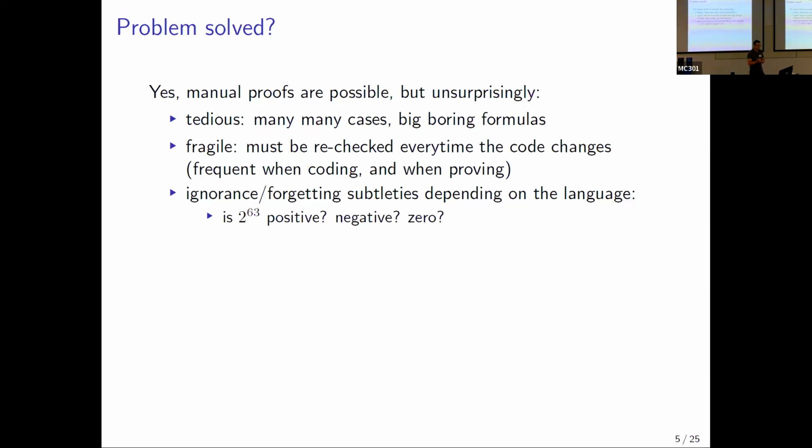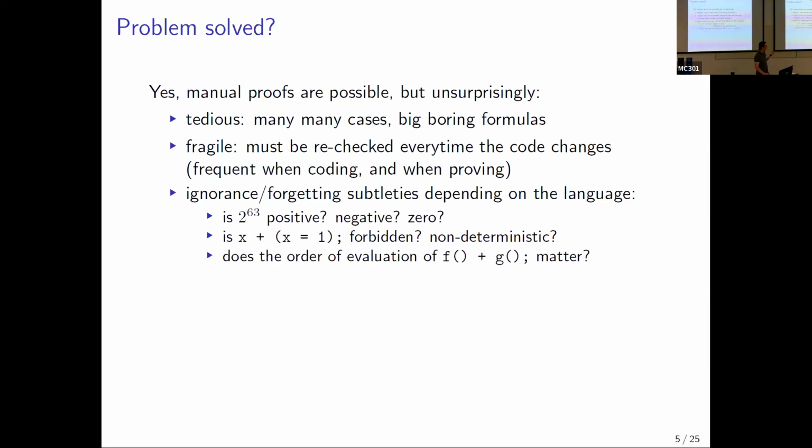You also have subtleties depending on the language. If you have 2 to the 63, is it a positive number? Is it a negative number? Is it 0? That depends on the language. If you're using the operation x plus x receives 1, is it forbidden? Does it have a non-deterministic result? Does the order of evaluation of two function calls as operands of a plus matter?